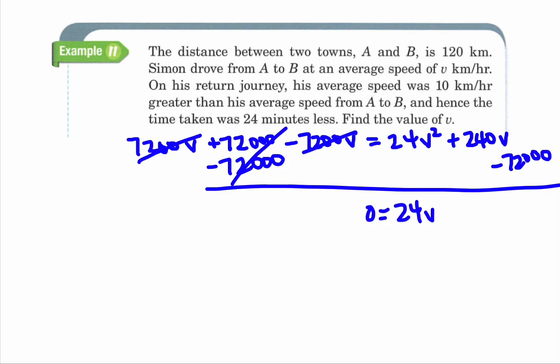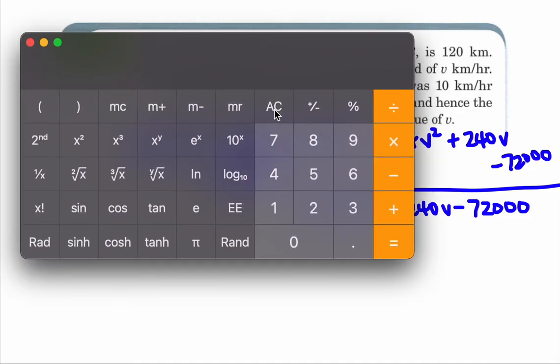Let me move that over so I have more room. 0 equals 24V squared plus 240V minus 72,000. Okay, let's see if we can get rid of a GCF of 24. Can 72,000 be divisible by 24?